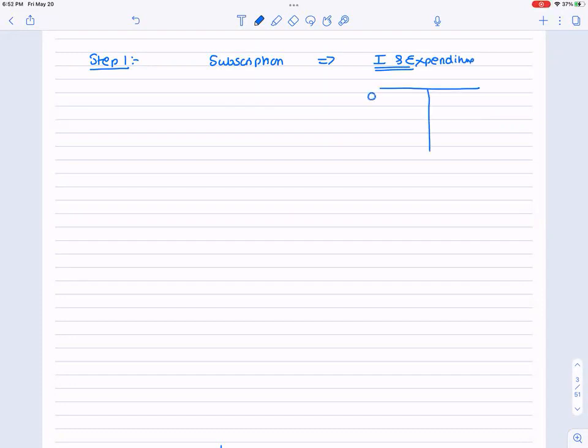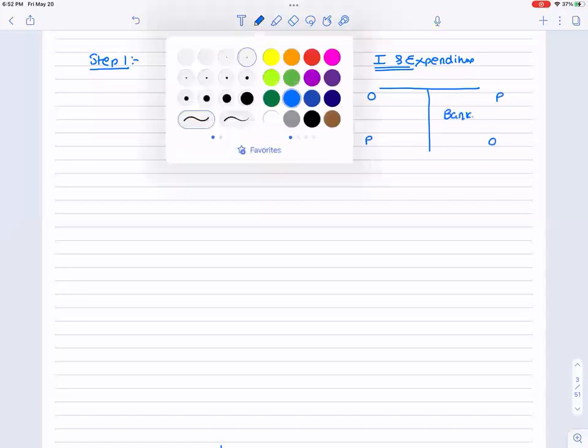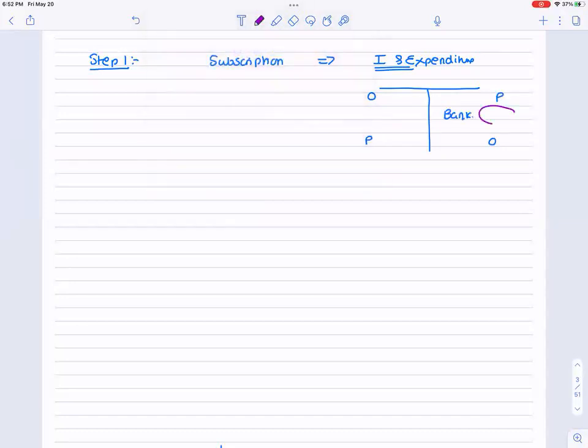So here you will have OPOP. Here you will have bank. This bank, where will you get from? From our receipts and payment account. And what you find out over here will go to the income and expenditure account as the amount.